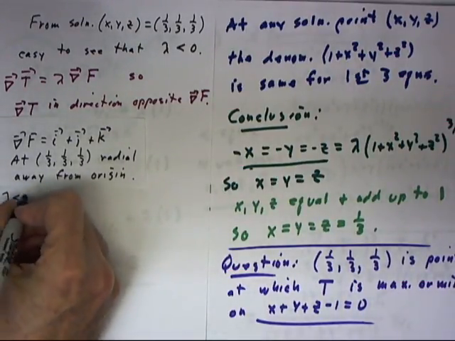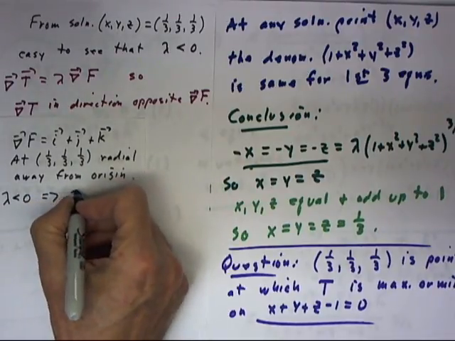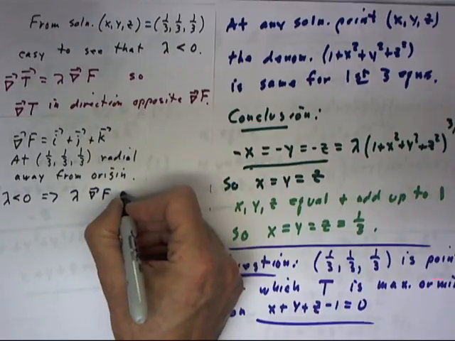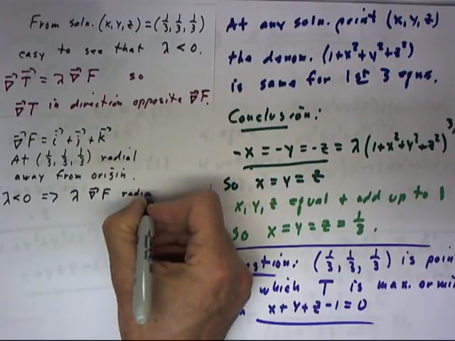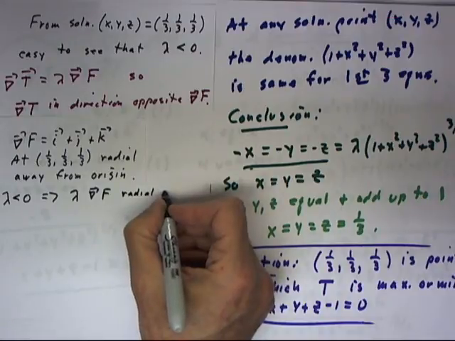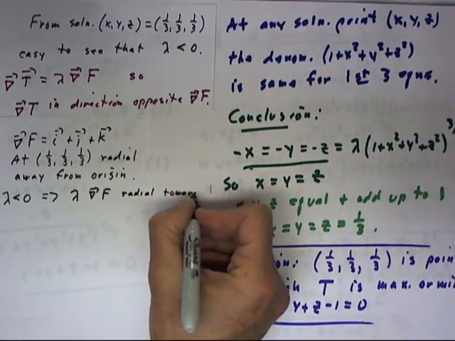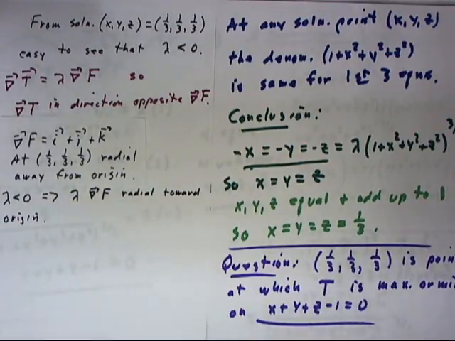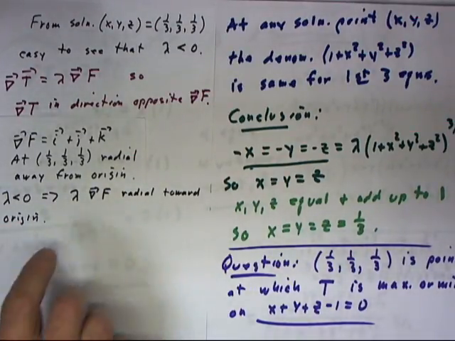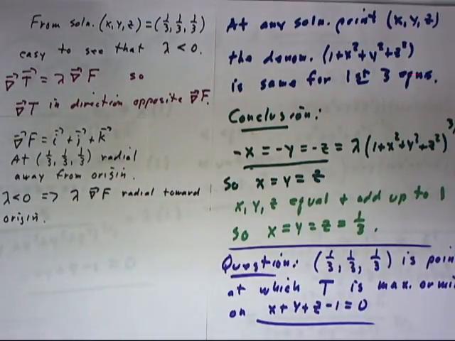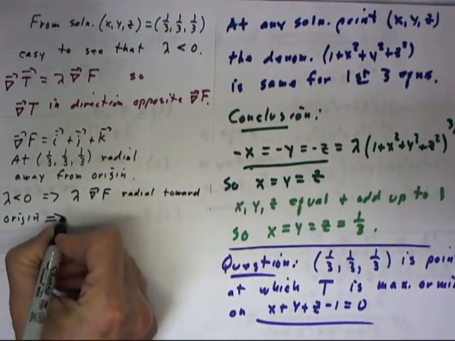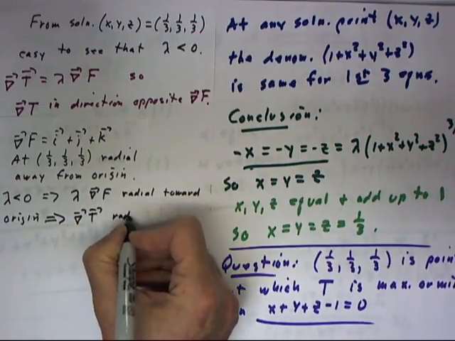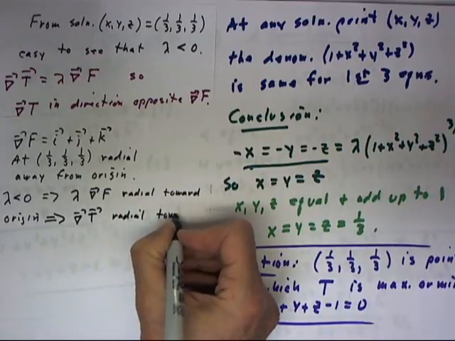So lambda is less than 0 implies that lambda times del F is radial toward the origin. And this, in turn, being equal to del T, implies that del T is radial toward the origin.